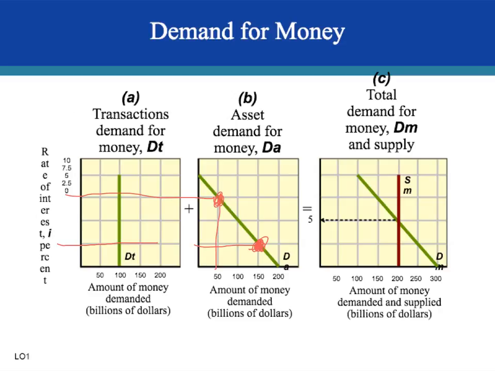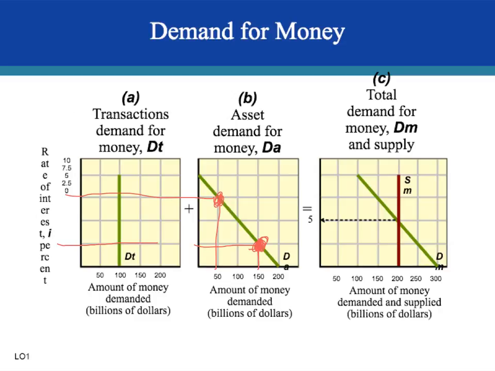Okay, because when interest rates are low, then the opportunity cost of holding your money as cash is also low. You're not foregoing a lot of interest. So we demand a higher quantity of money in liquid form, either cash or checkable deposits.